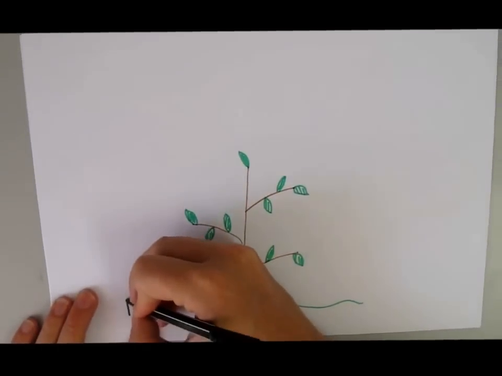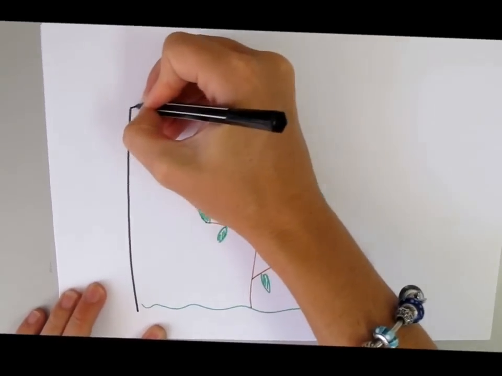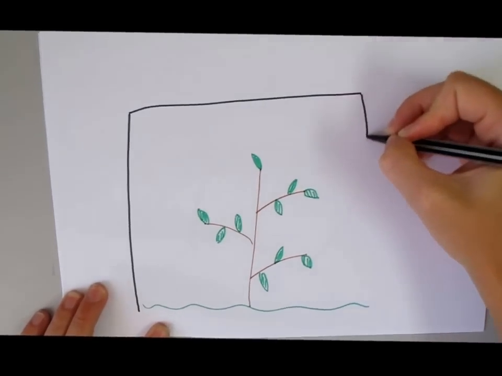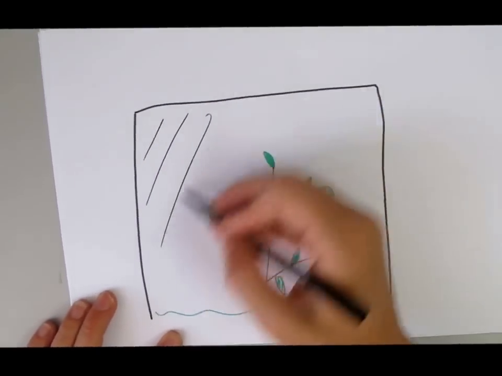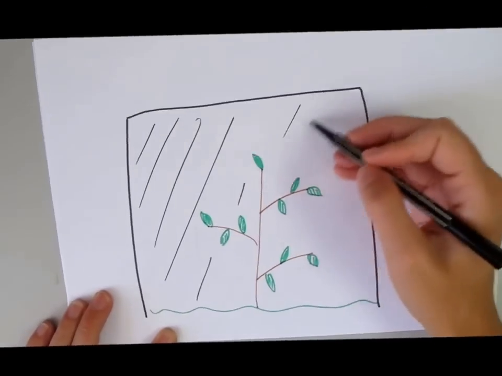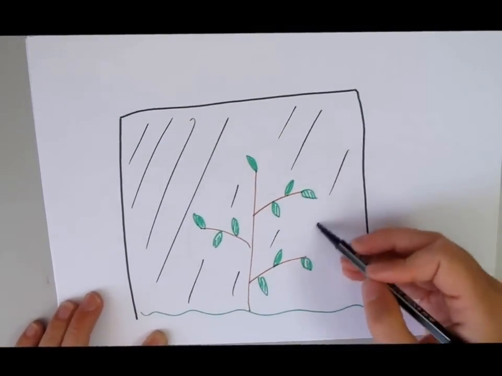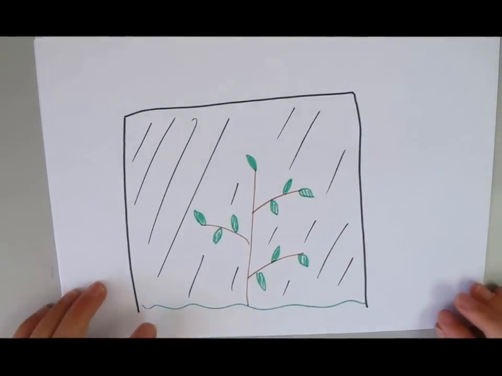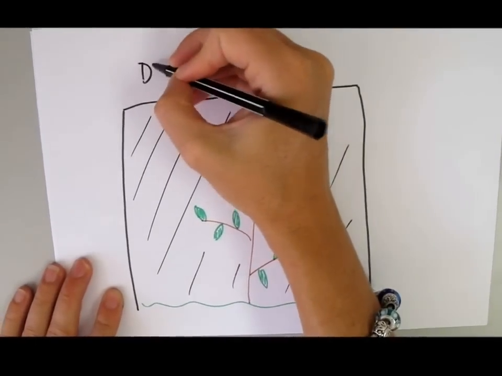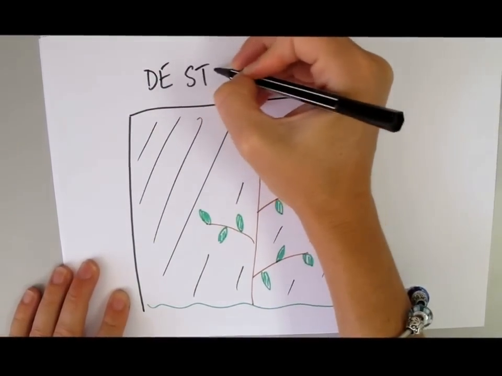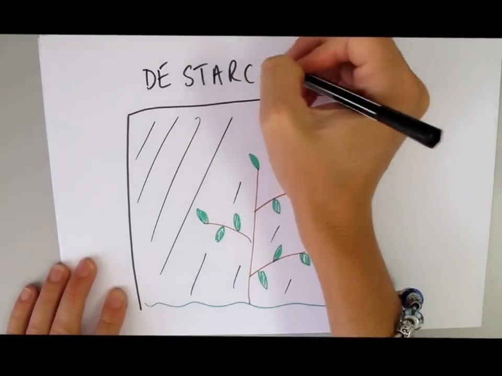So what we do is we put our plant in a large box or in a dark place, so that no light can get in and it's entirely dark, and we leave it in there for about 24 hours. What that is going to do is de-starch the leaves.